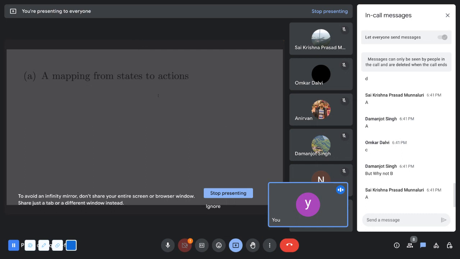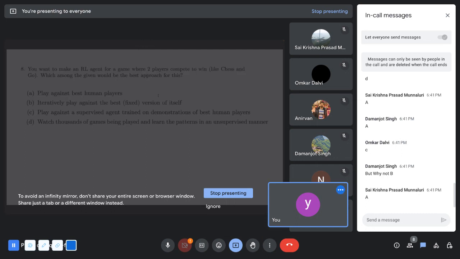Okay, so final question. You want to make an RL agent for a game where two players compete, right? Which among the given would be the best approach for this?